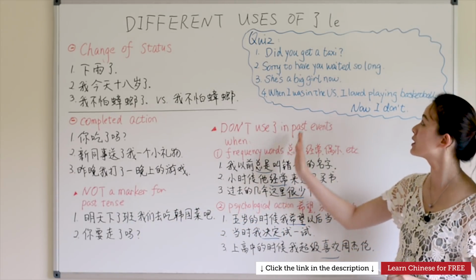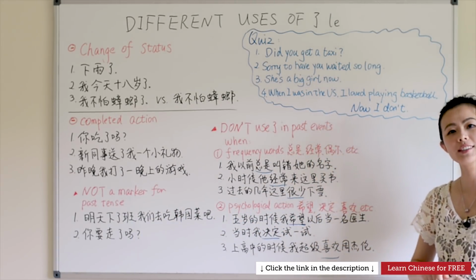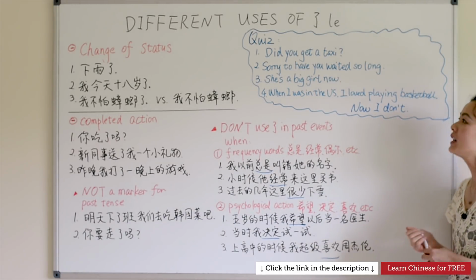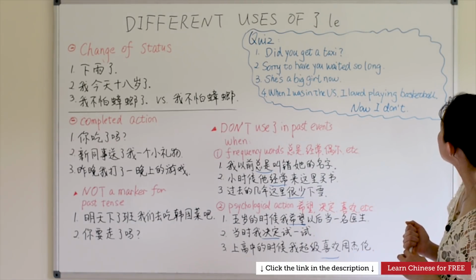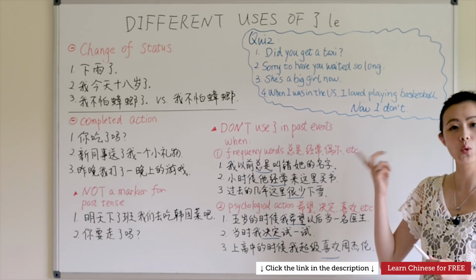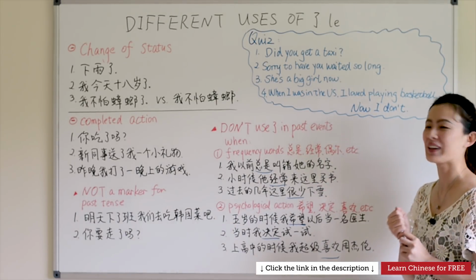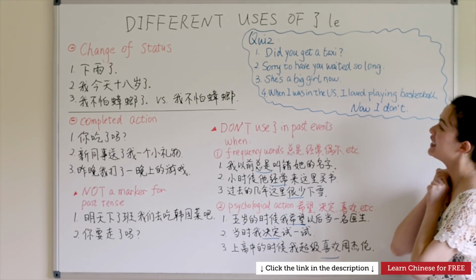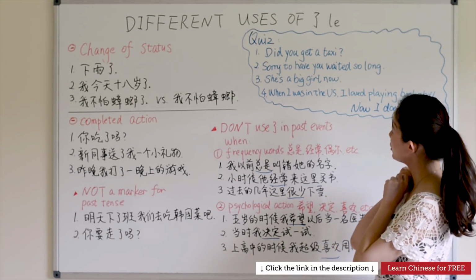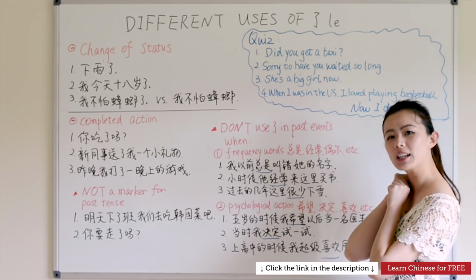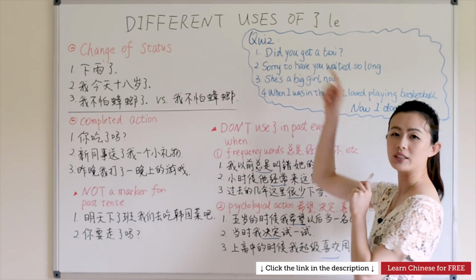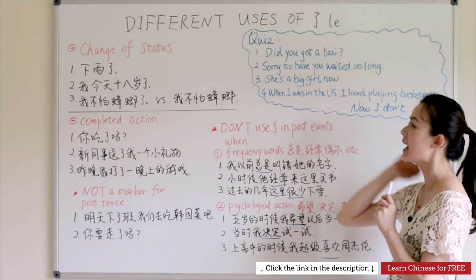Alright, so these are some points I'd like to introduce to you about the use of 了. Now let's practice a little more. There are 4 sentences in English in the quiz part. Let's try to put them in Chinese. Okay, let's get started. 第一个, the first one. Did you get a taxi? Well, it's in the past, right? A completed action.